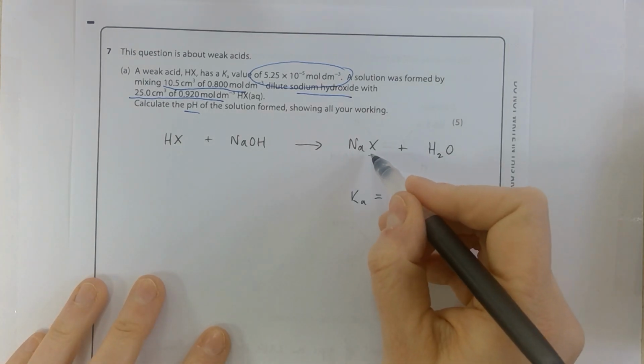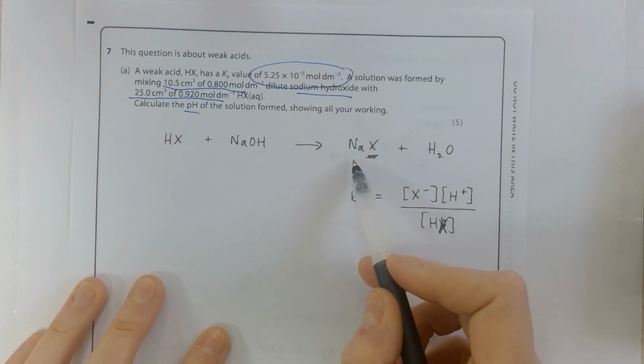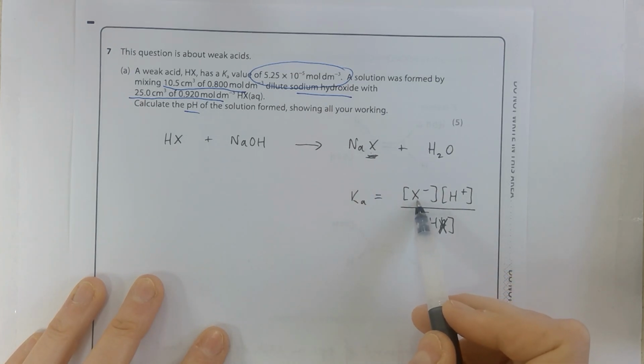Now that means that when I make this salt, it's an ionic salt, so it's going to split up into Na plus and X minus. That value is going to be important because it comes in here.